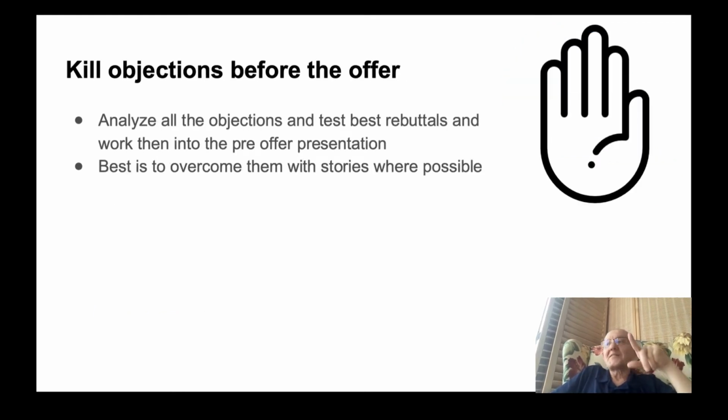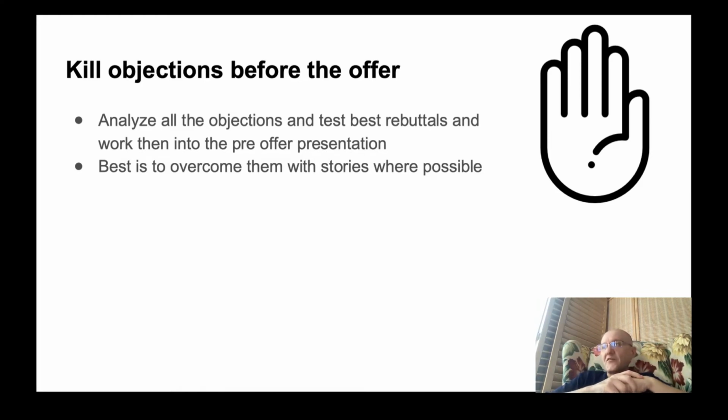And now I did mention killing objections. You can't overcome any objections and rebuttal them, which rebuttal means killing objections, overcoming them. You can't do that if you don't know what they are. So it's important to survey, to listen, and to come up with every possible objection for your particular sales funnel, which it might have.